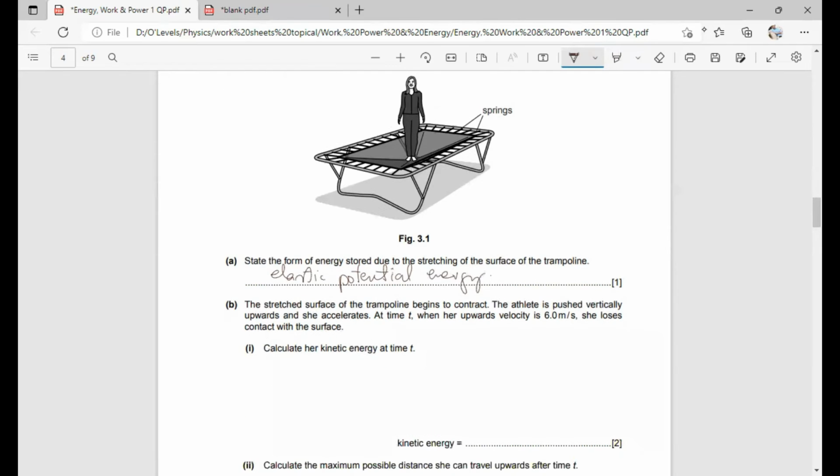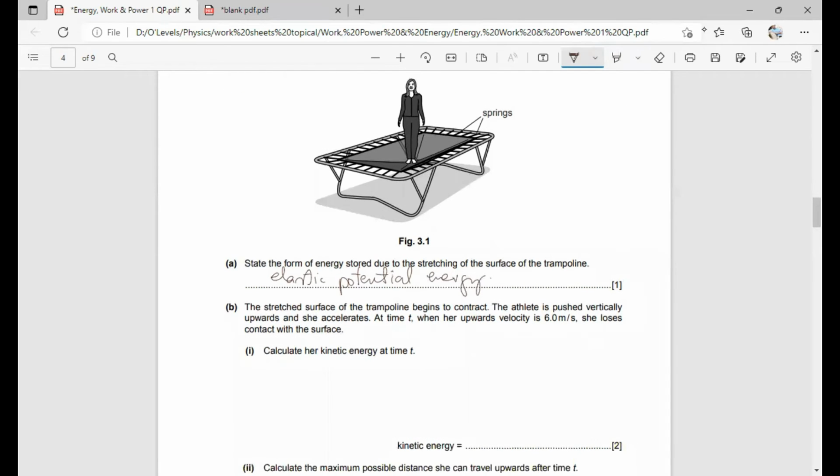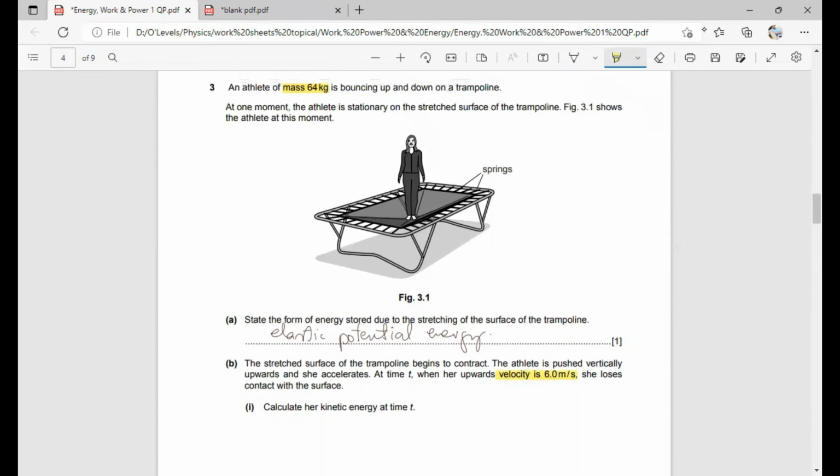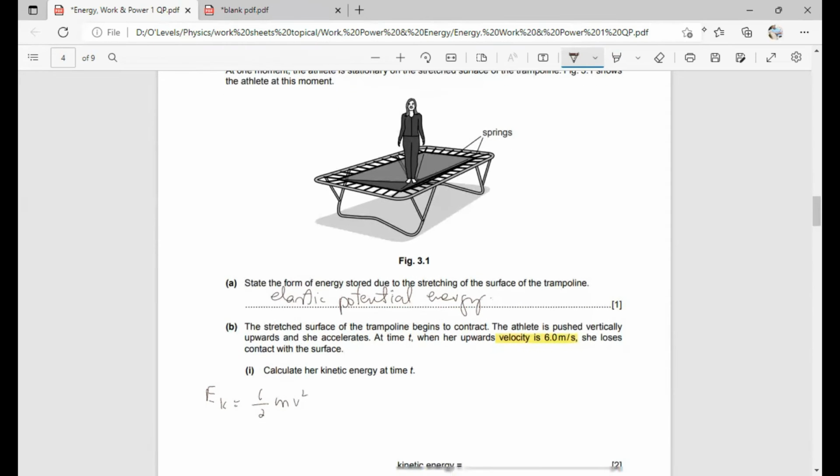Now, calculate the kinetic energy. What was the formula? There is a velocity of 6 meters per second and we have mass 64. So we can apply 1 upon 2 mv square.